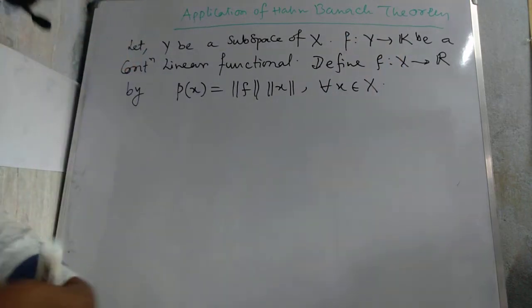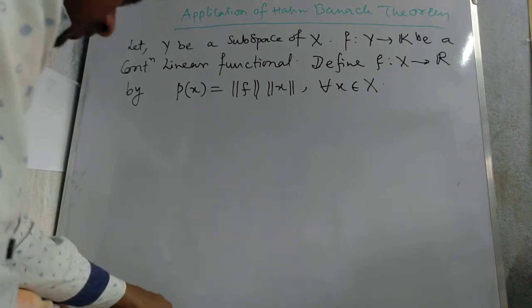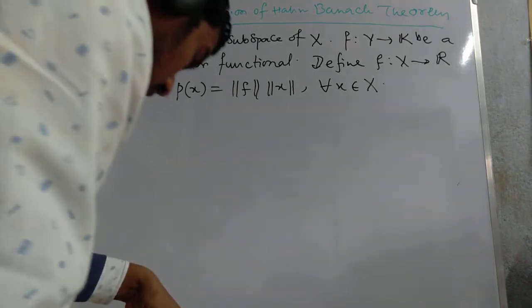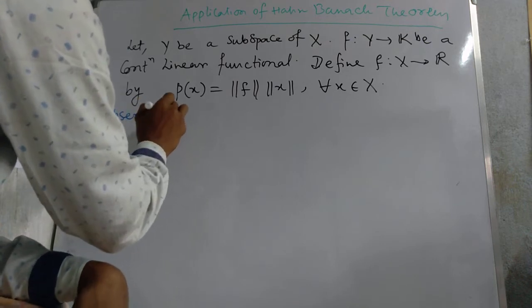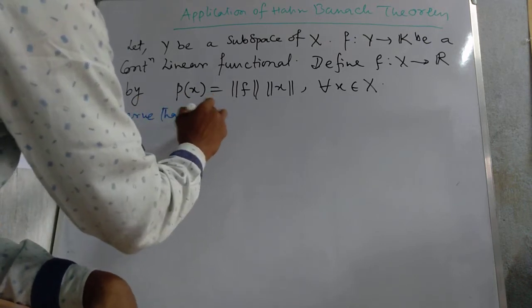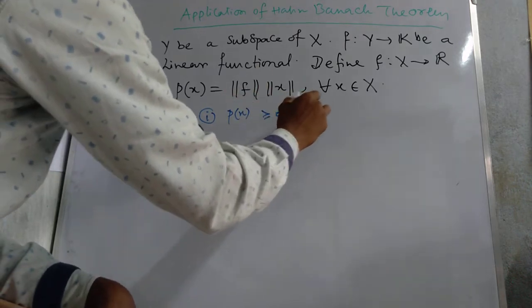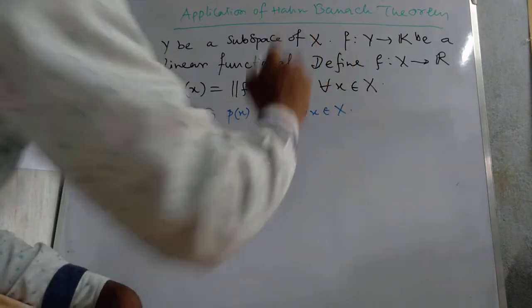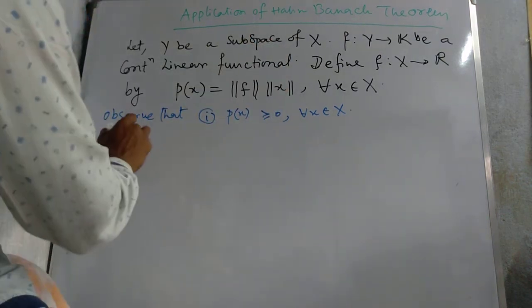Okay, we define this p(x), which is a sublinear functional, and then go forward with the discussion. Observe first that p(x) is greater than or equal to 0 for all x belonging to X, because here we have the norm, and obviously this is greater than or equal to 0.